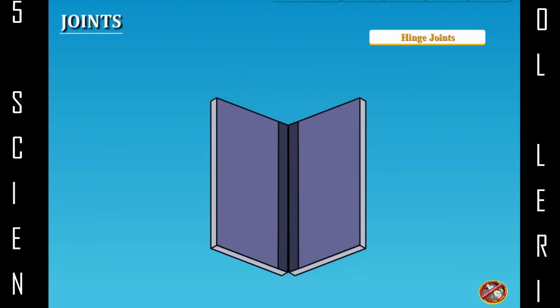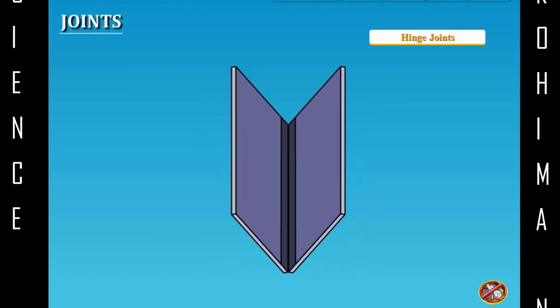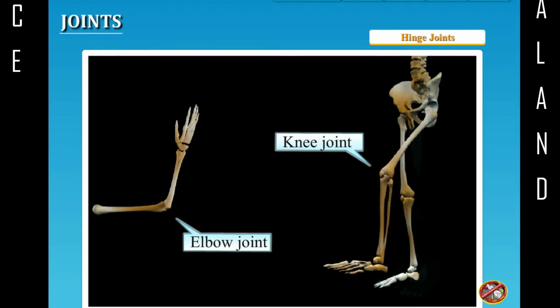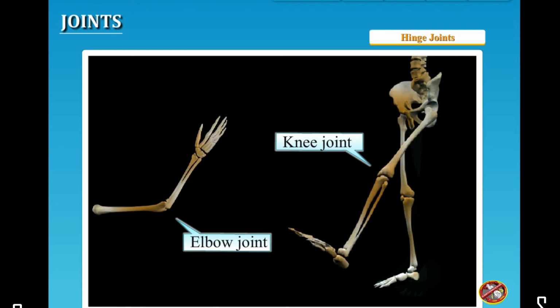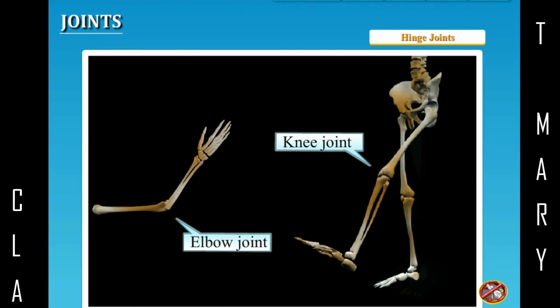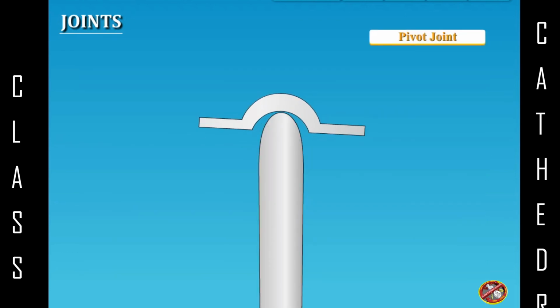Hinge joints. These joints are like the hinges in a door. They allow movement of the bones in one direction, that is either up or down. These joints are found in our elbows, fingers, knees and toes. Pivot joint. Neck.